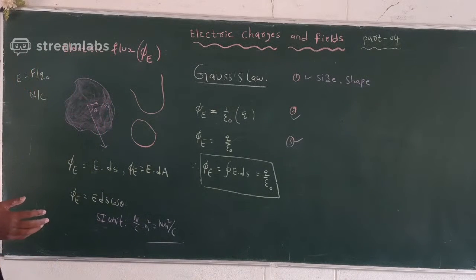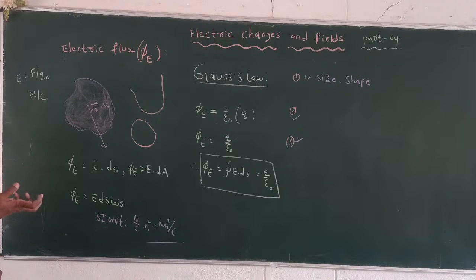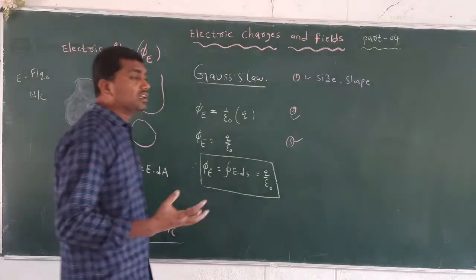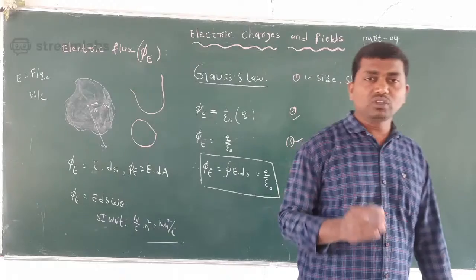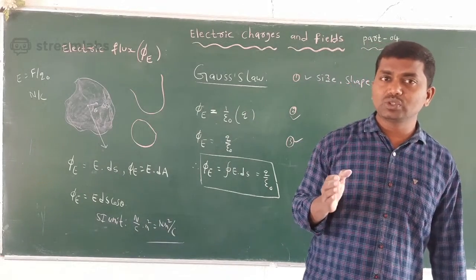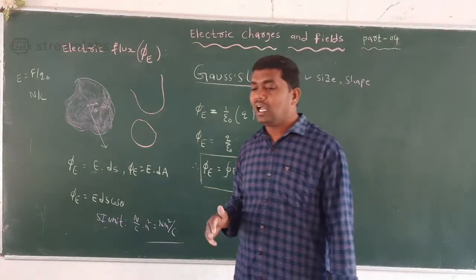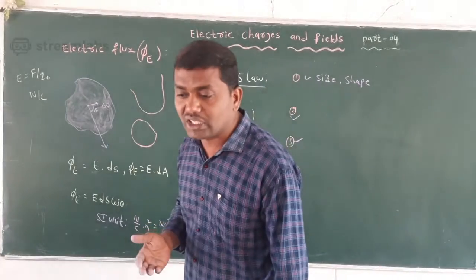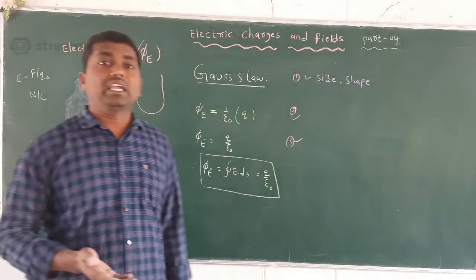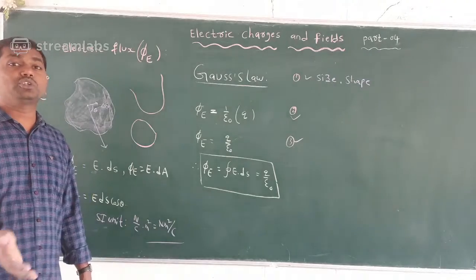So for what purpose can we use the Gauss law? The Gauss law is used to calculate the electric field intensity of the object, the electric field intensity of the surface area. So the Gauss law is used to calculate the electric field intensity for any charge distribution over the surface area.